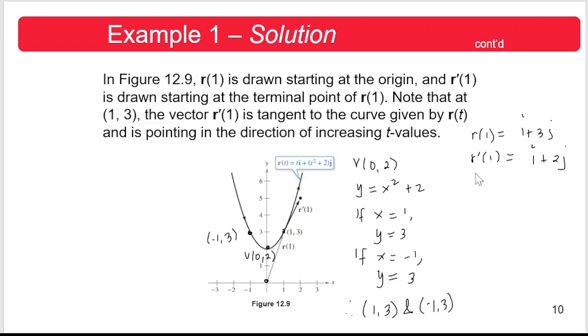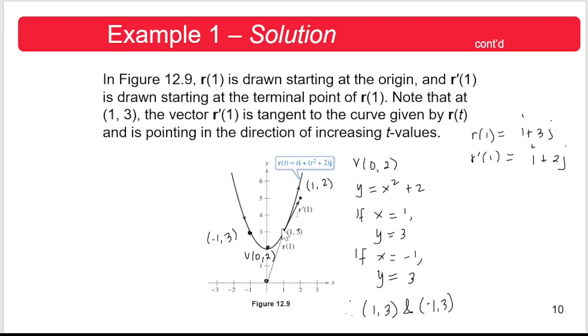And then to sketch the first derivative r prime of 1, we use the terminal point of r of 1 as the origin. From here, you scale 1 unit along the direction of the x-axis, and then 2 units upward. So this point is the point with coordinates (1, 2).